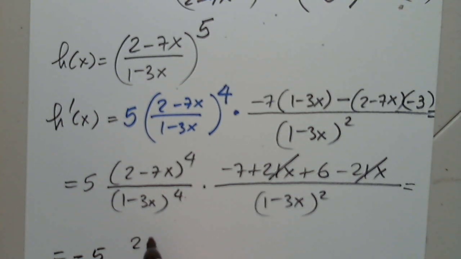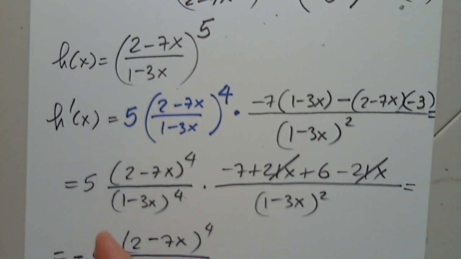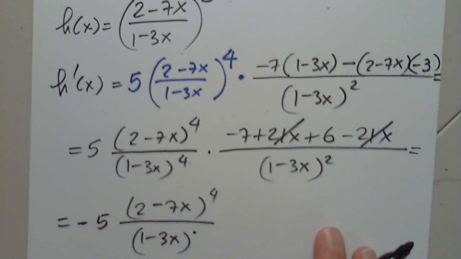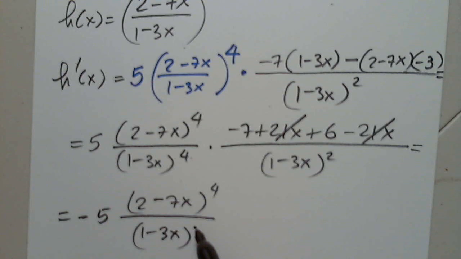The numerator is 2 minus 7x to the 4th power. And the denominator is this times this. What is the power of 1 minus 3x? I have 1 minus 3x to the 4th times 1 minus 3x to the 2nd power. What power do I put here? Two.